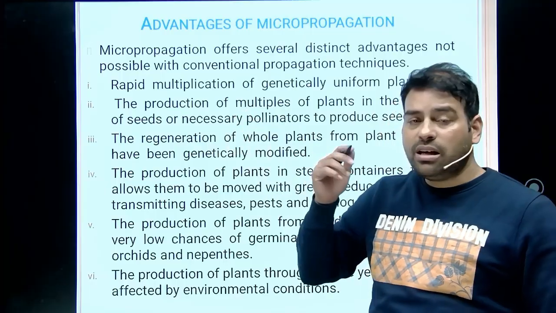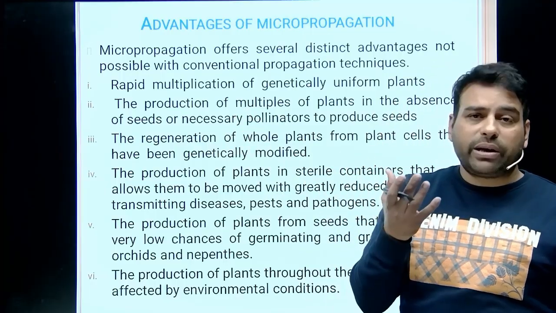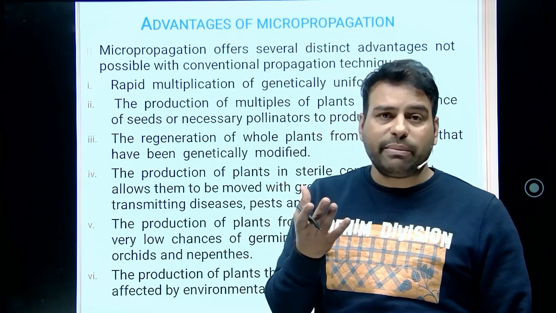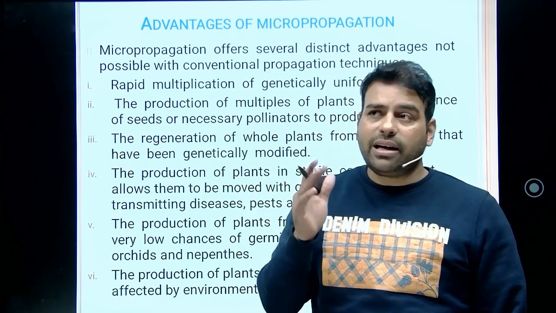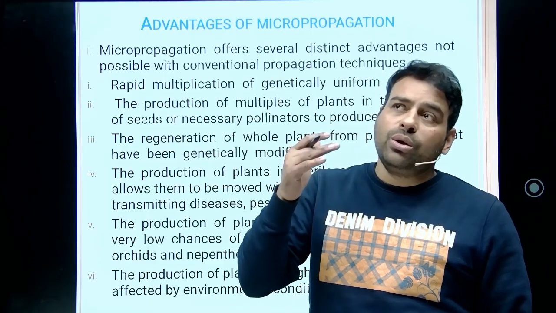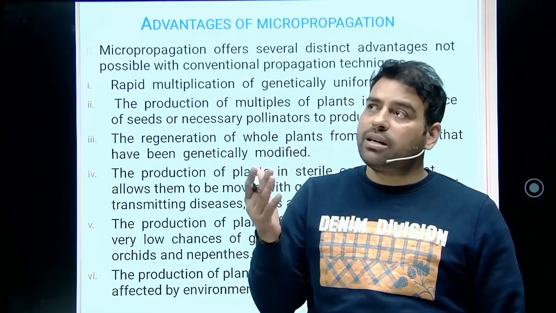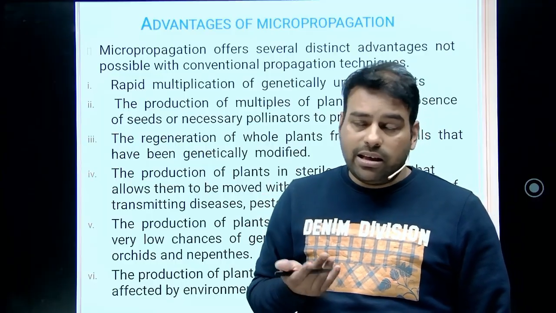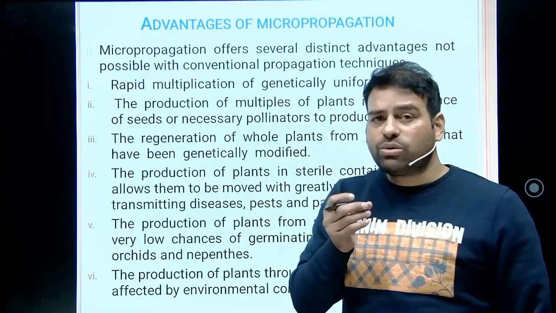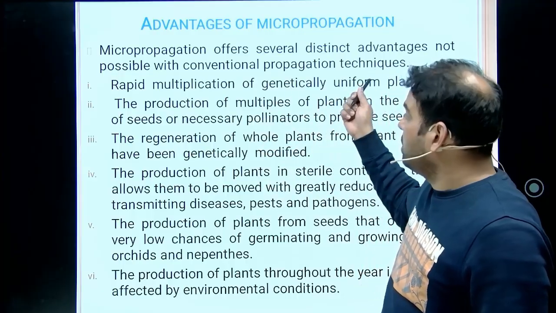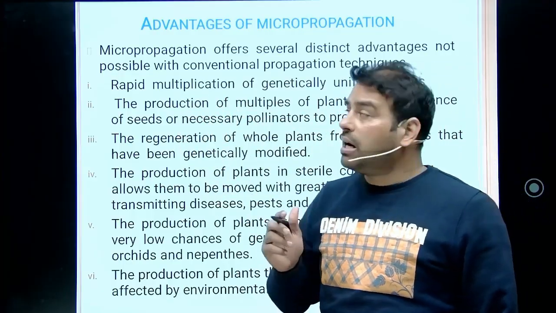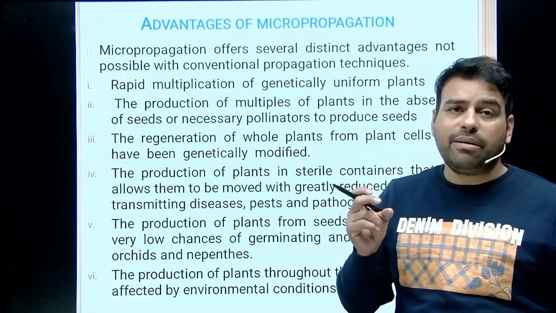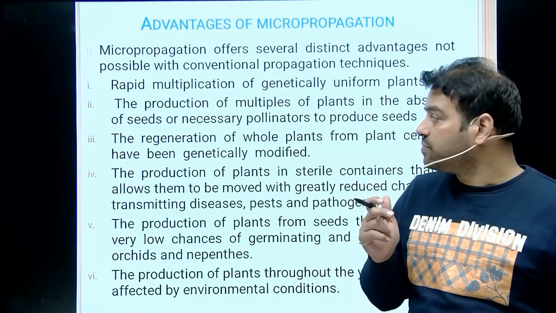If we want to produce millions of plants in a nursery by a traditional method, it will take so much skilled labor, so much space, and so many days. Instead, when we use plant tissue culture, we can rapidly multiply plants which are genetically uniform, in less time and less area.